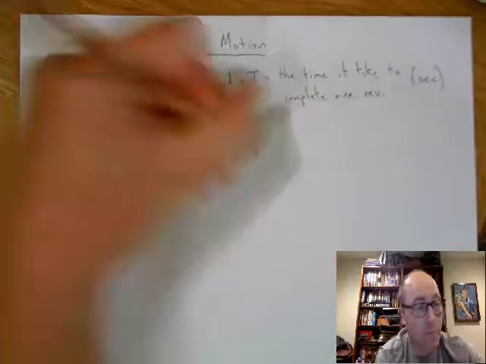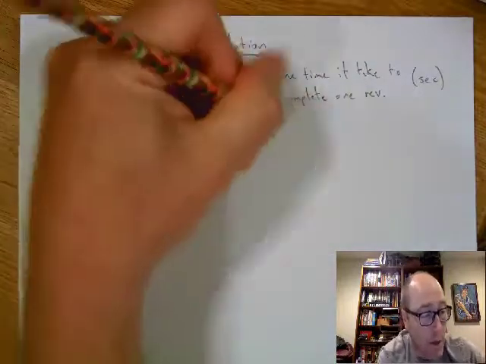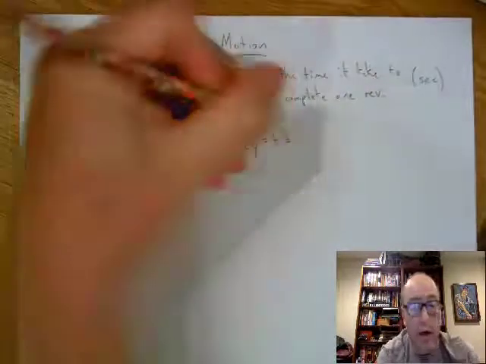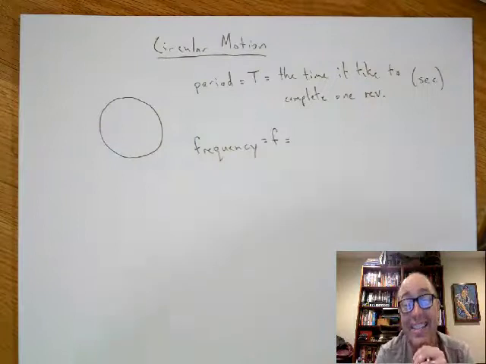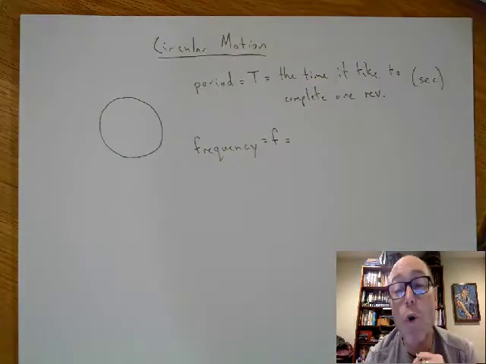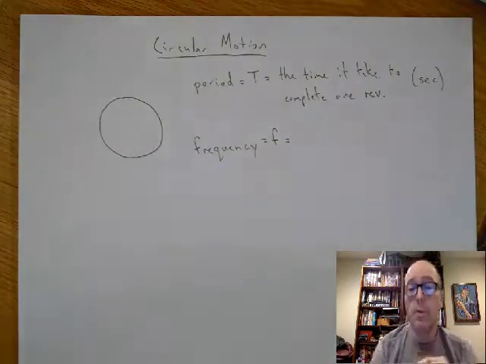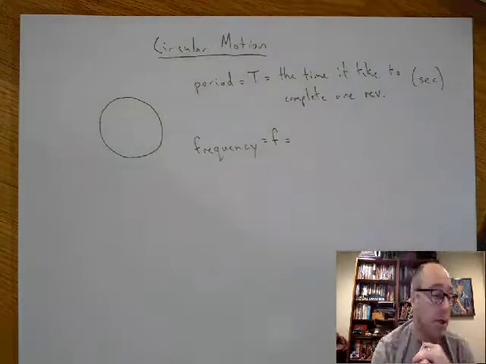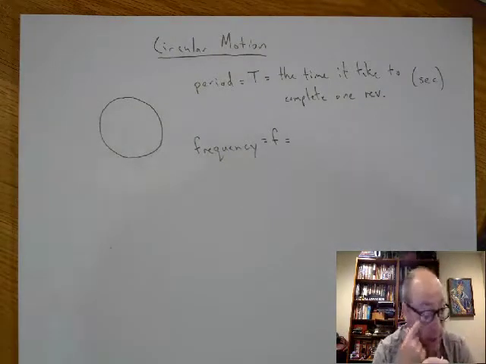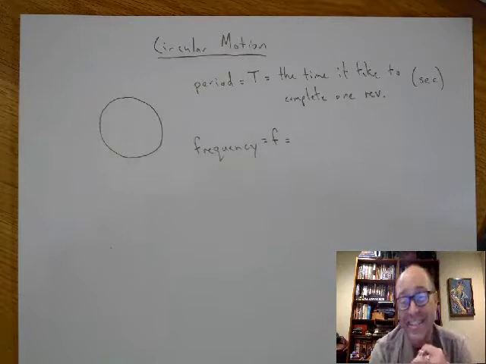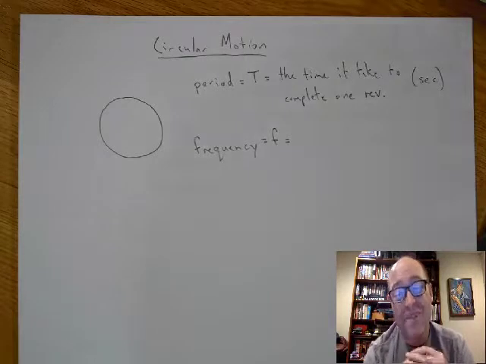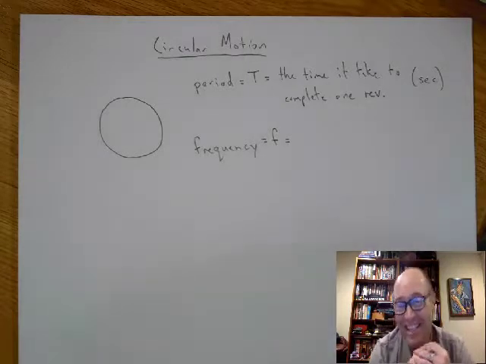Something that is related to period is something called frequency. Frequency is abbreviated with a lowercase f. Why lowercase? Because we already use uppercase for force. This is because physicists are not so creative when they're picking out the terms.